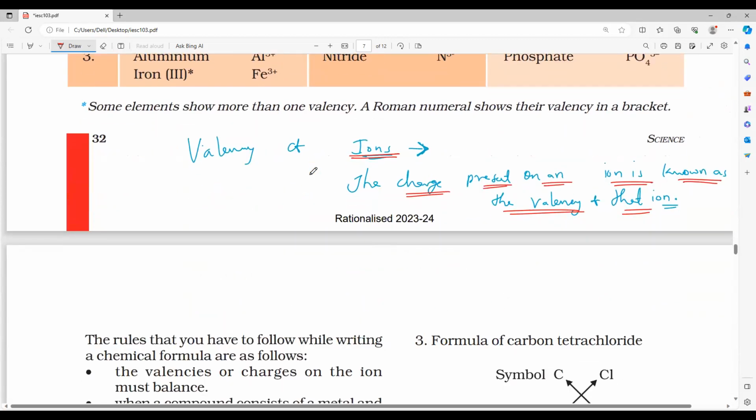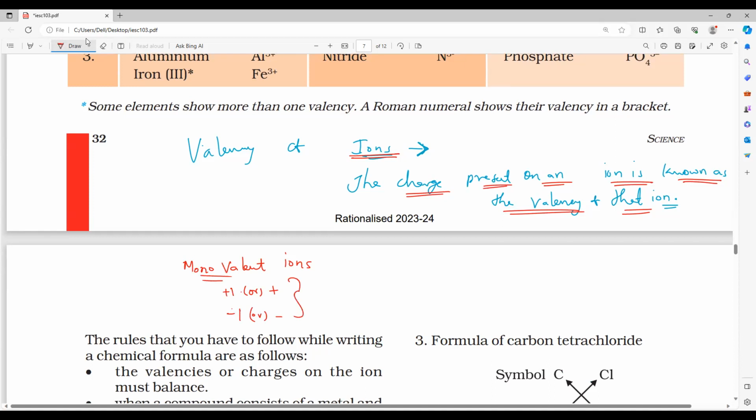Now, based upon the number, these ions are classified into 3 different types. One is monovalent ions, which have a valency of either +1 or -1, that is, plus or minus.